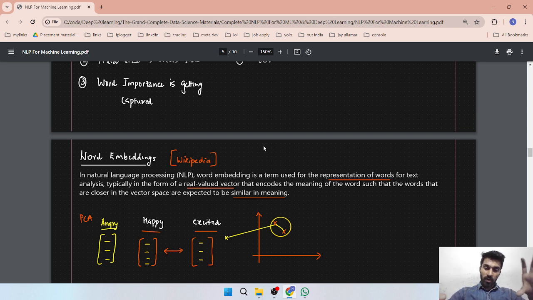We also want to capture who is talking. Suppose my name is Naren and I say "I", whom am I referring to? I is referring to Naren. We want to capture all of this, so embedding will help us capture all of these things.